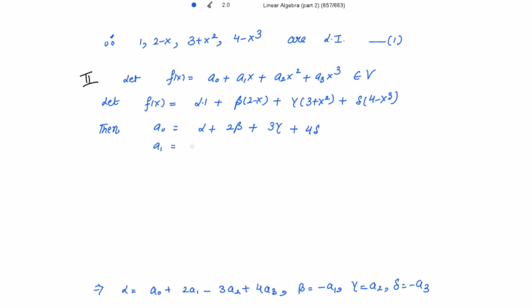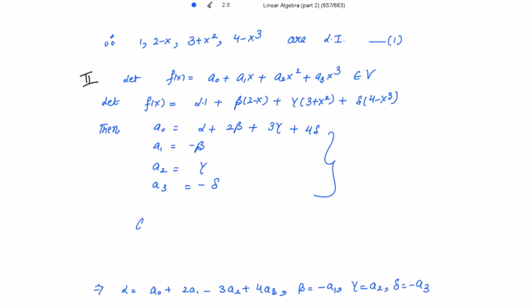So a1 is equal to minus beta, a2 is equal to gamma, and a3 is equal to minus delta, right? So if you solve these equations, you will notice that I get the values of alpha, beta, gamma, delta in terms of a0, a1, a2, a3. Just solve them and get the values in terms of a0, a1, a2, a3.